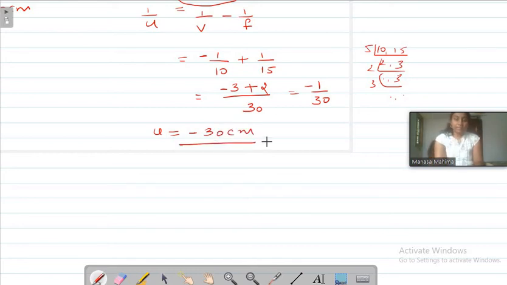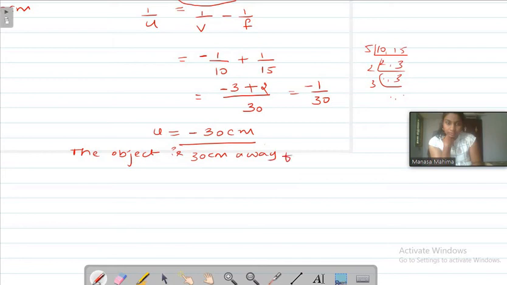So what does this minus sign represent? The minus sign represents the object is placed 30 centimeter away from the optic center. Correct? So we can write here the object is 30 centimeter away from the lens. Okay. And what else they have asked to find?